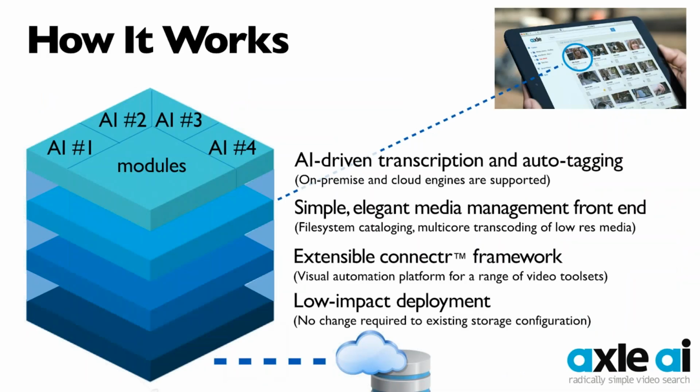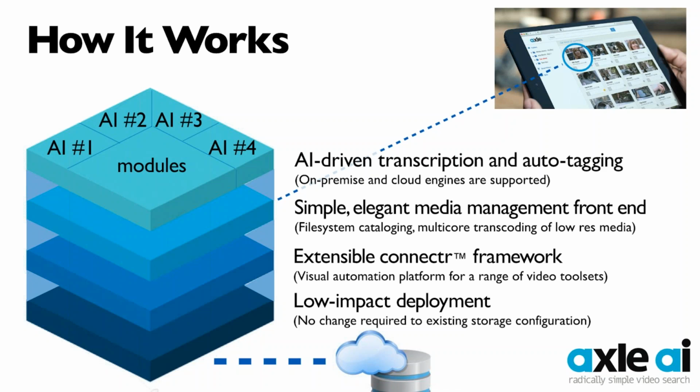So we're really thrilled to be partnering here with both Cloudian and FileCatalyst. To give you an idea of how our stuff works, there's a modular layer where you can plug in different AI engines. There's also the front end, which Patrice will be showing you in a second. You can see it here on an iPad. We have a framework called Connector for building custom workflows, a visual diagramming environment.